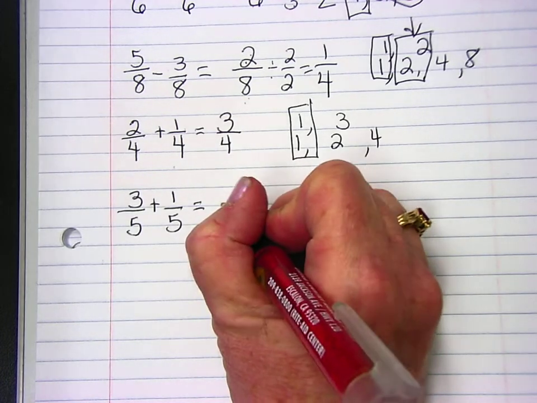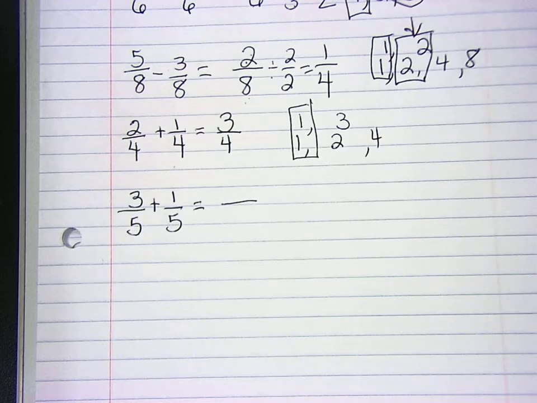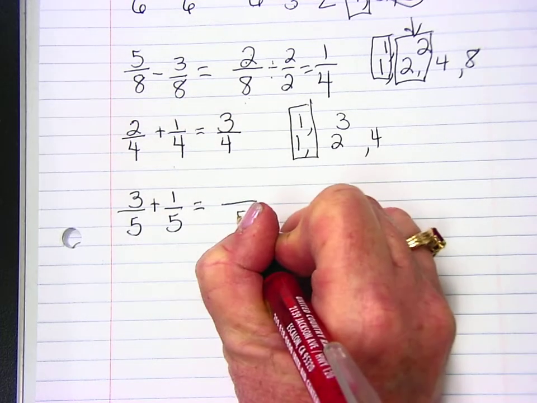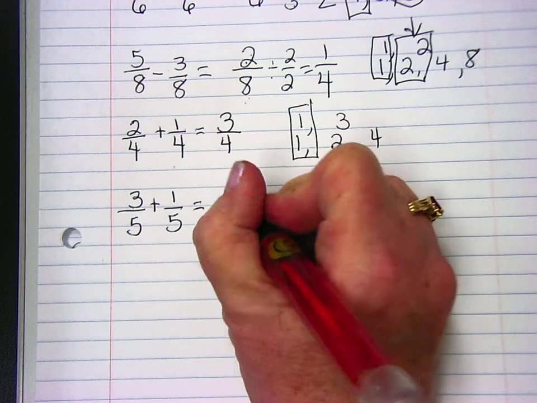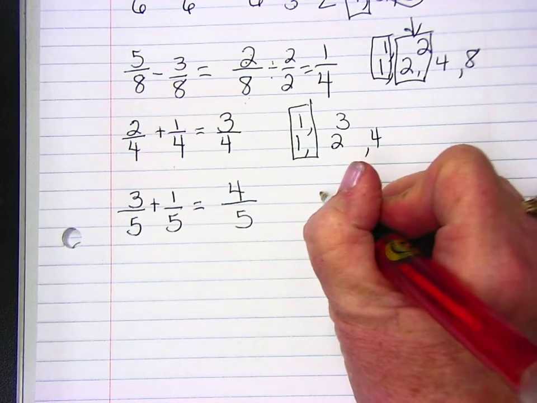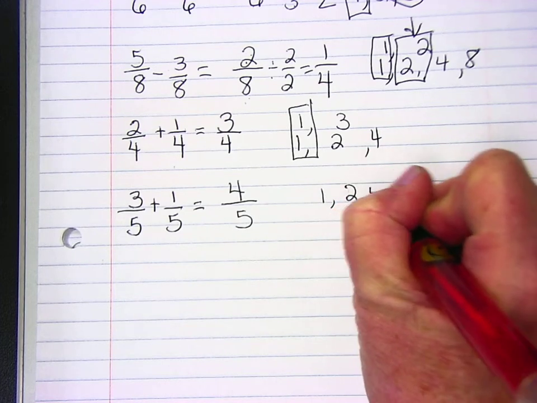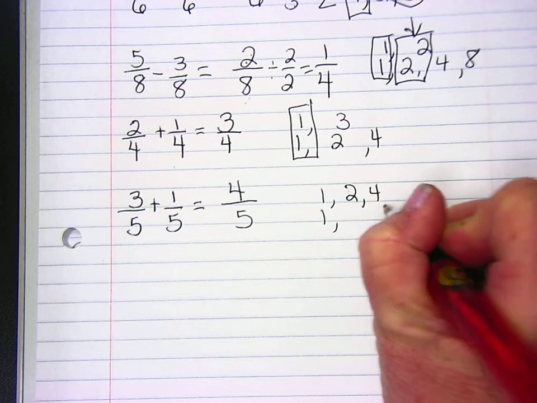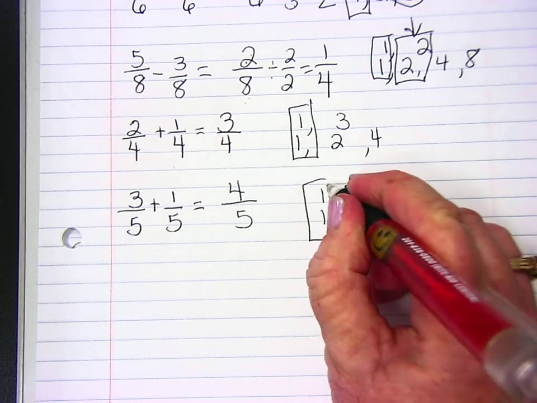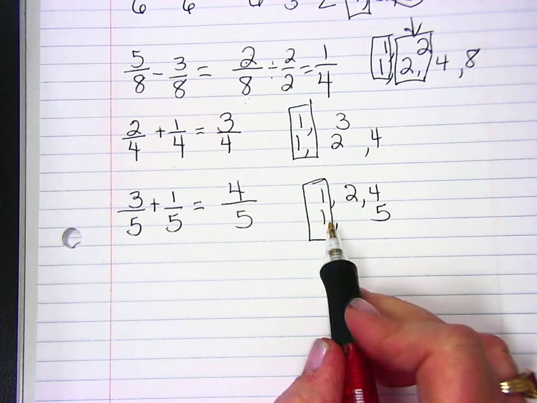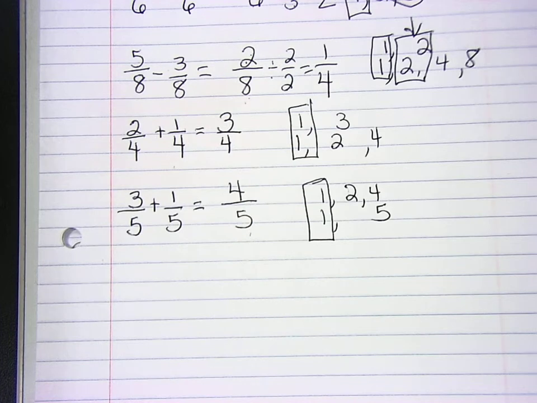We automatically put our line. We put our denominator down. 3 plus 1, kindergarten, first grade, it's 4. Now if I look at my factors, 1, 2, and 4 for 4, and 1 and 5, my common factor is 1, so 4/5 is in simplest form. Are we good?